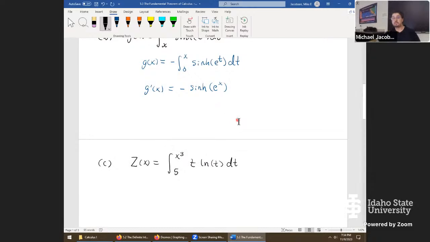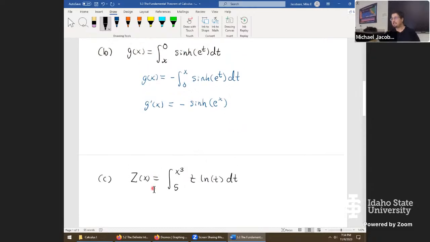But there is something different about this problem. Has anyone spotted the extra complication about the z of x function? Exactly. It's not just x going inside. This is really a function composition now. So the moment you see that, this is now a chain rule problem. This is the inner function we handle second.